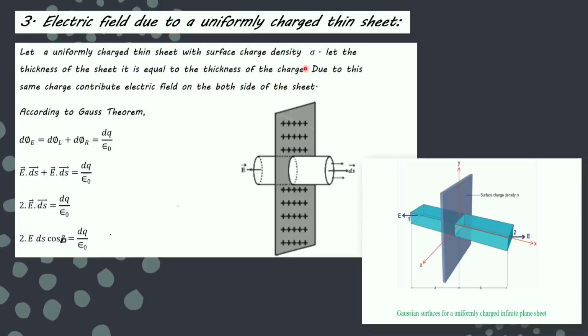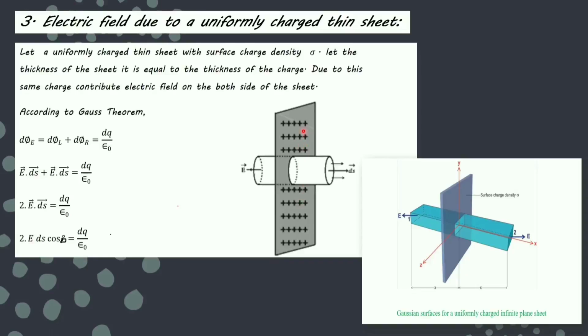We are assuming that the thickness of the sheet is equal to the thickness of the charge. This is just for our convenience, and that is why we are saying that your charge lines will be on both sides equally. It means the electric field will be equal whether I go to the right direction or to the left direction. It is outward because of positive charge.